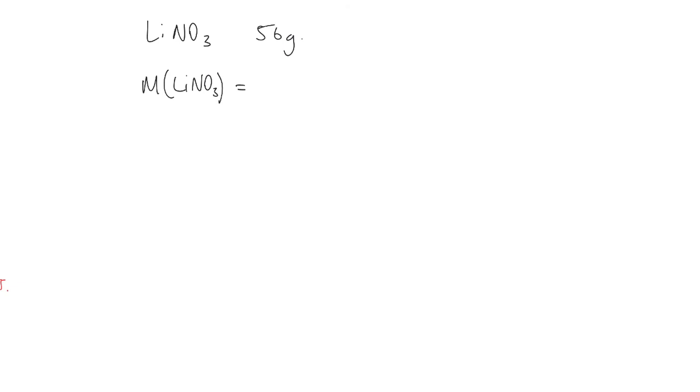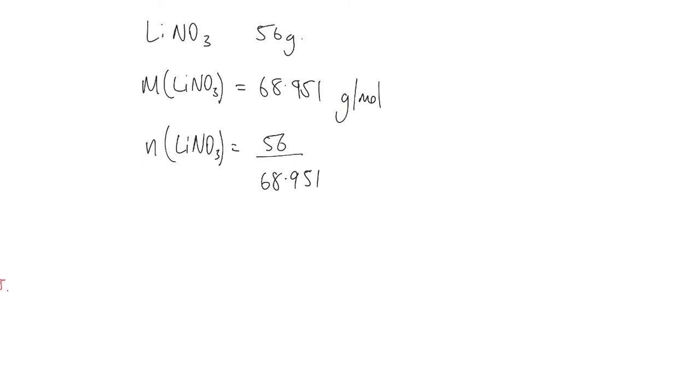Okay. So, it is 68.951 grams per mole, which is the unit for molar mass. Then I can work out the number of moles of lithium nitrate by doing the 56, which is the total mass, over the 68.951. 56 divided by 68.951 gives 0.81 mole.